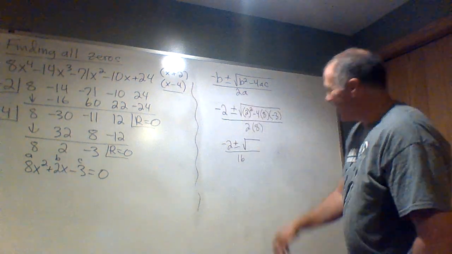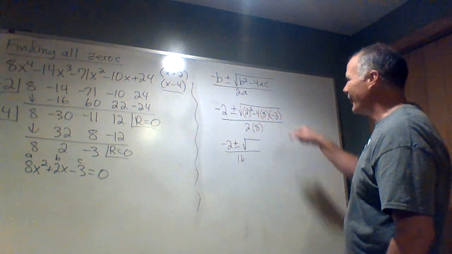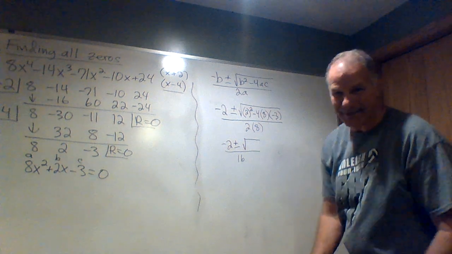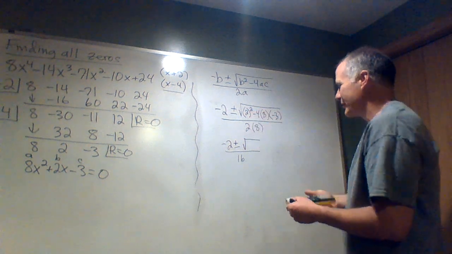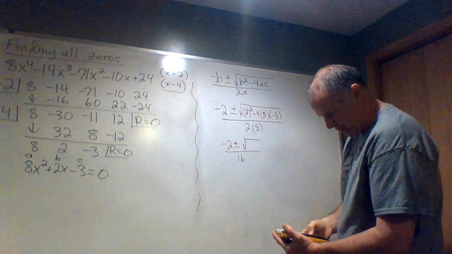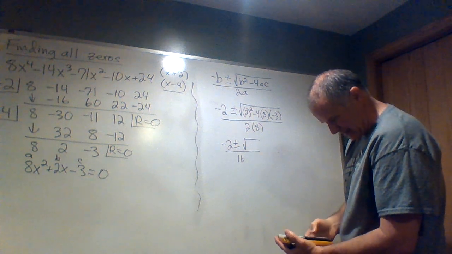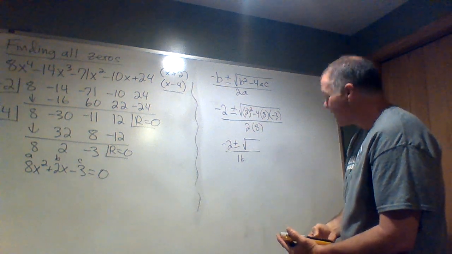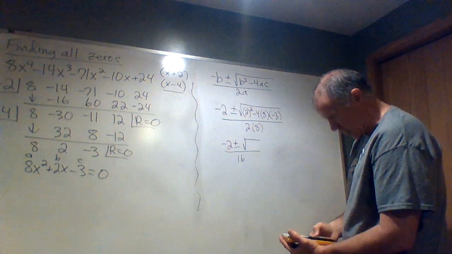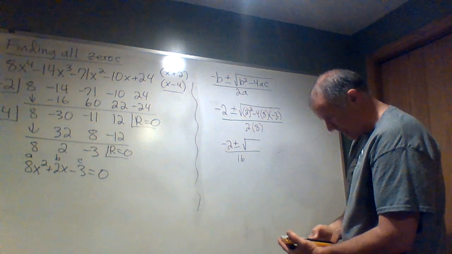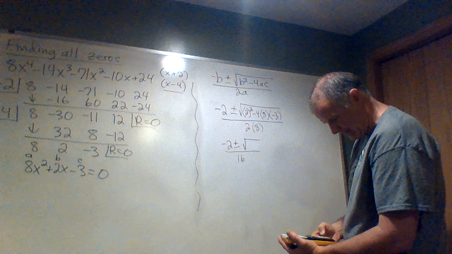Okay. Yeah, you gotta type all this underneath part. Sorry about that. So parenthesis 2 parenthesis squared minus 4 times 8 times negative 3.